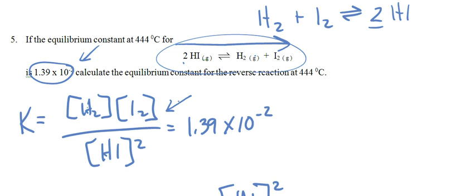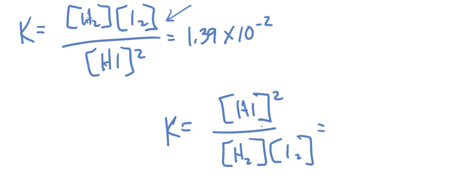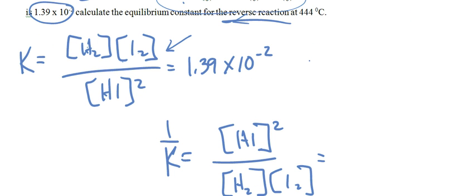In the reverse direction, going this way for this equation, we have the inverse of our expression. So really what we have is an inverse for the value of K. Because at a certain temperature, when these guys react with each other, it doesn't matter if it's going forward or backward. They will achieve that ratio depending on where they start.